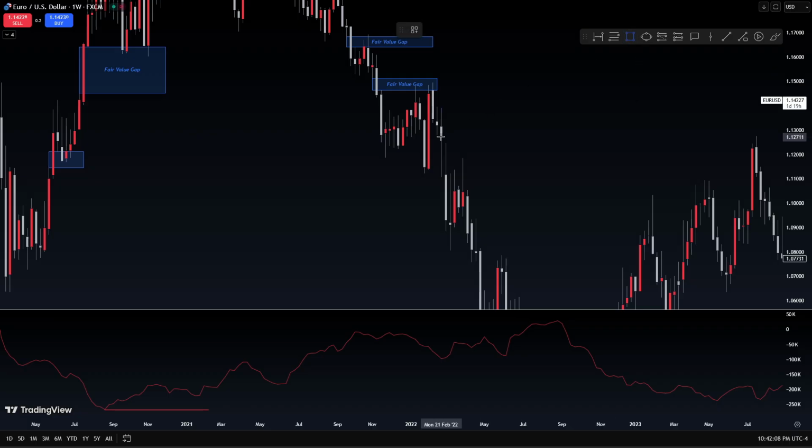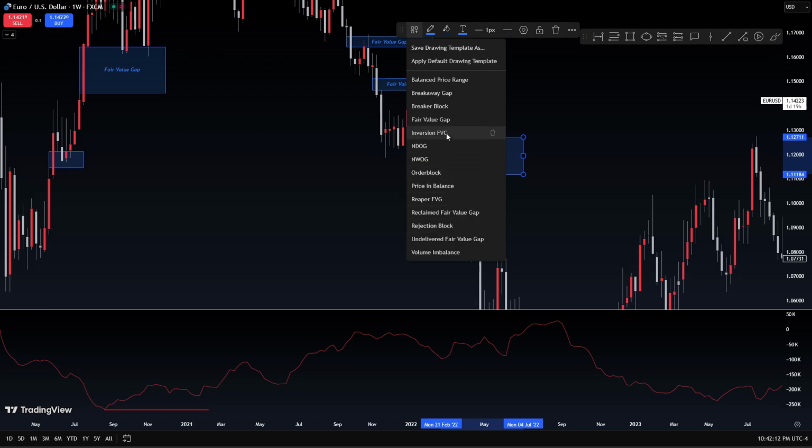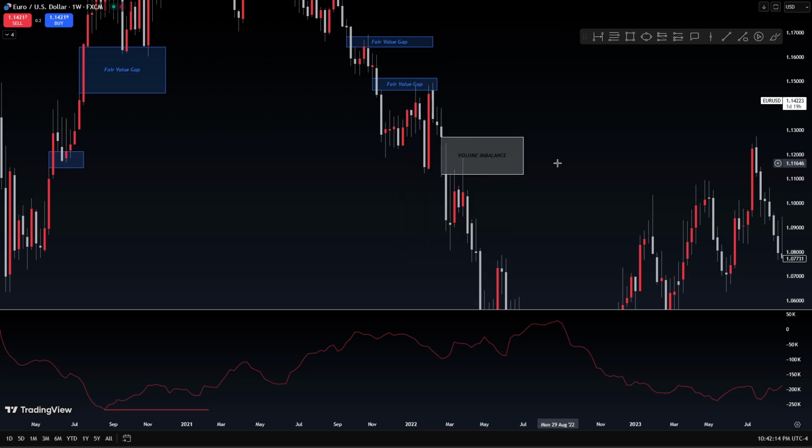If we look, we have a volume imbalance right here, respecting its equilibrium. Where's my volume imbalance thing? Okay, here we go. We got that volume imbalance with this mitigation block too. Wow, that's a nice set of PD arrays right there. Mitigation block with the volume imbalance. Price hits it right here. If we look down here, it syncs up. See that point of buying? If we put a horizontal line there.